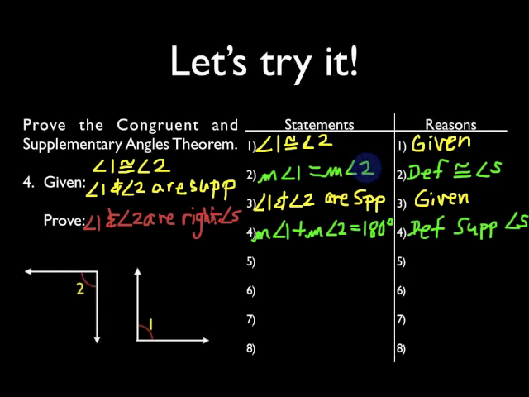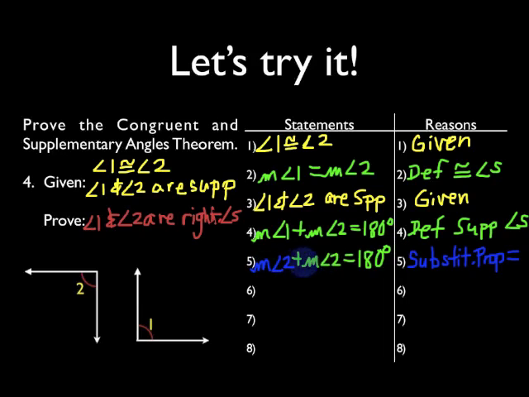Why don't we use the substitution property of equality and move angle 2 from step 2 into the equation for step 4. That will give us that the measure of angle 2 plus the measure of angle 2 is equal to 180 degrees. Notice I just replaced the measure of angle 1 with the measure of angle 2.